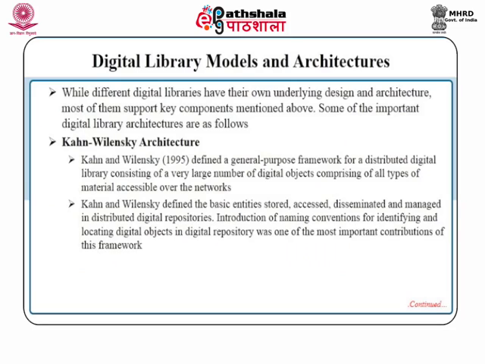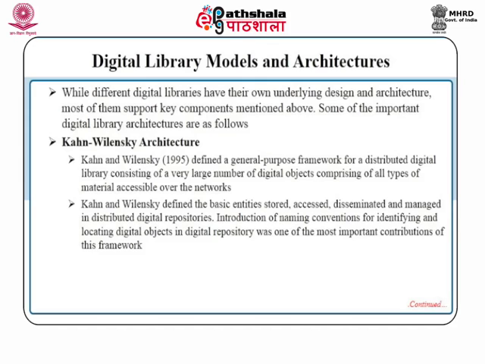Some of the important digital library architectures are as follows. The Kahn-Wilensky architecture. Kahn and Wilensky in 1995 defined a general-purpose framework for a distributed digital library consisting of a very large number of digital objects, comprising all the types of material accessible over the networks.